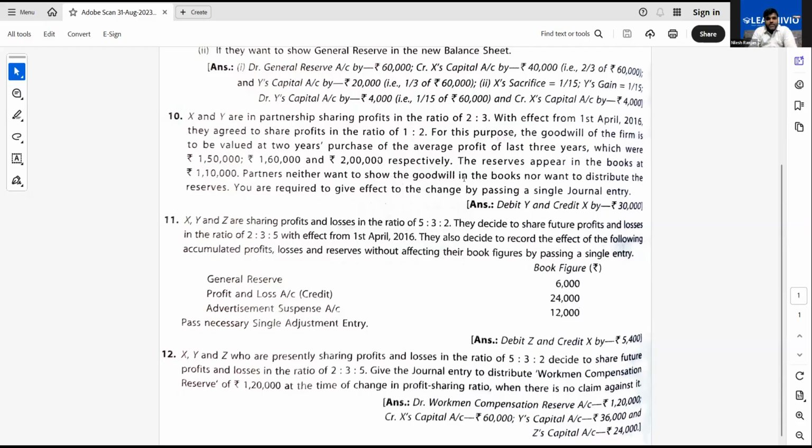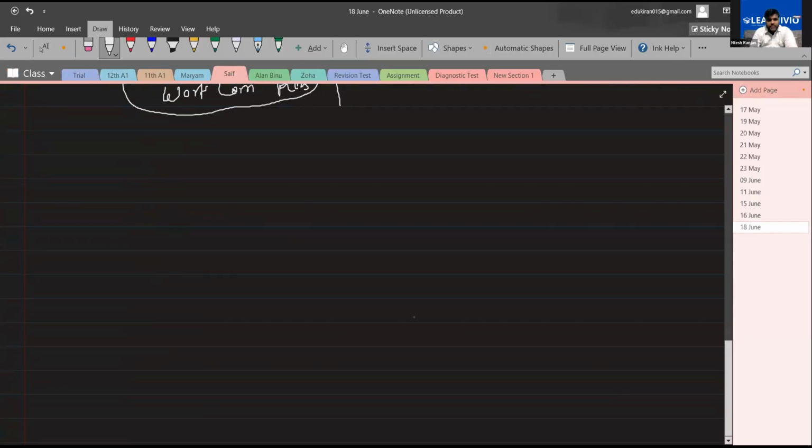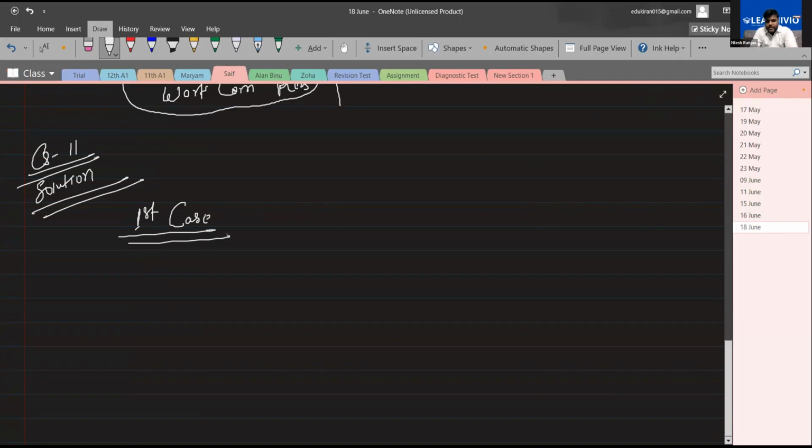Now, they are asking the second case, but I'm going to solve it by both the first and second case. So question number 11, solution. First case I'm taking here. Actually, question is about second case, but I'm taking first case.